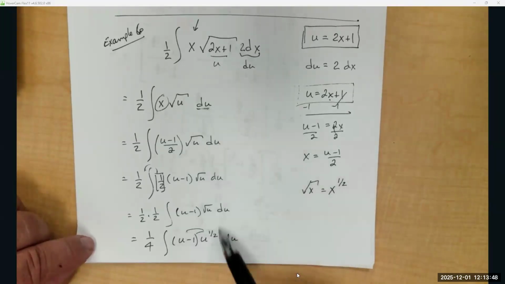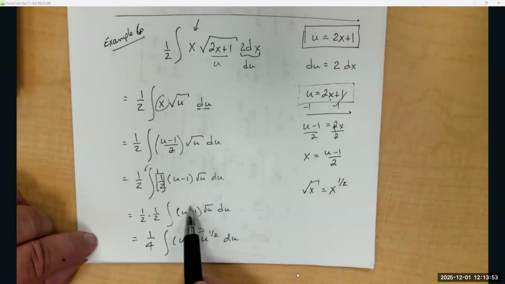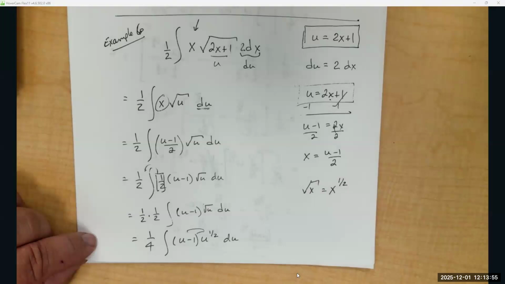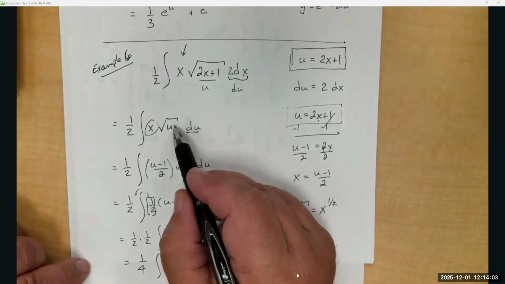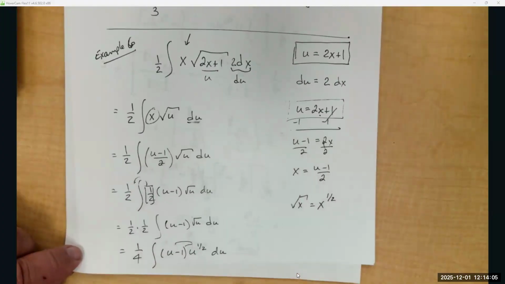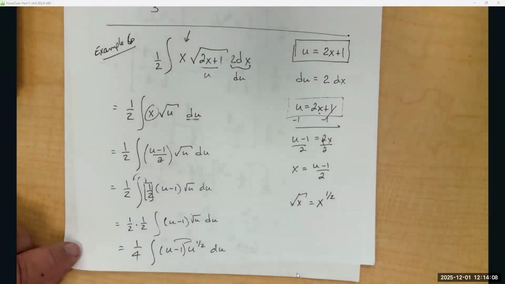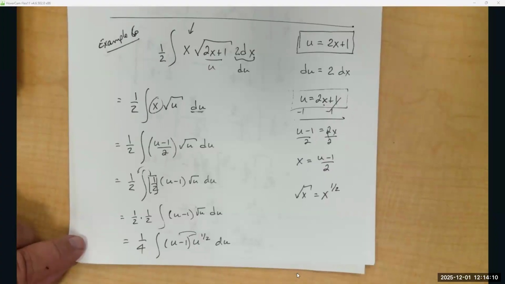Well, we left the radical because we couldn't distribute if we didn't. We could have had it as u to the 1/2 the entire time. You could have changed it here if you wanted to. It's just that I didn't want to, so I wouldn't get myself confused. But you can do it anytime you want to.